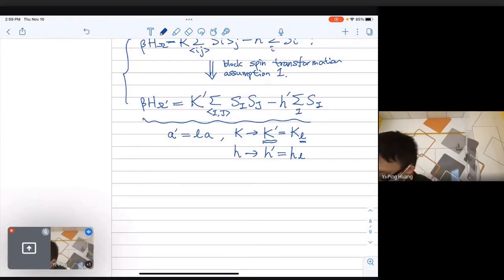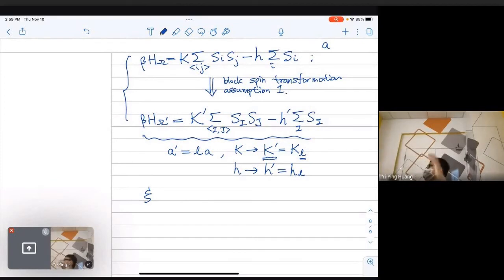However, we can think about another question. For this model, at a certain coupling strength and at a certain temperature, there will be some kind of correlation length according to our parameters.